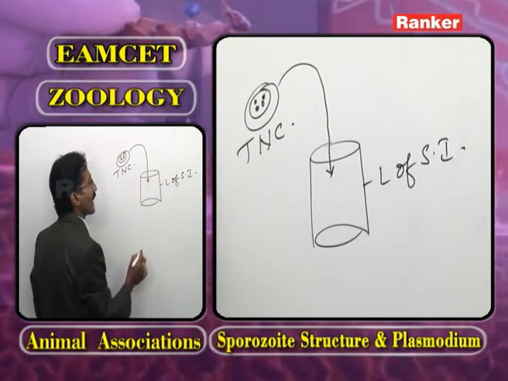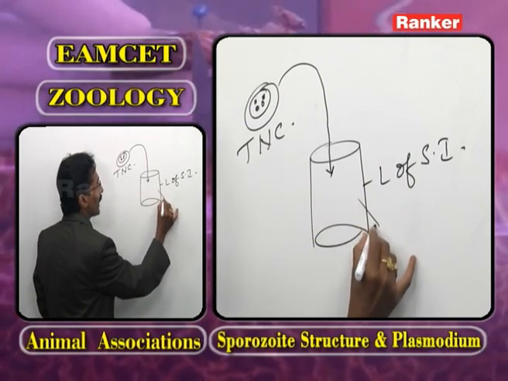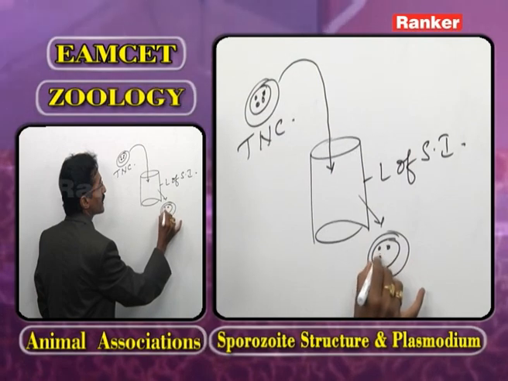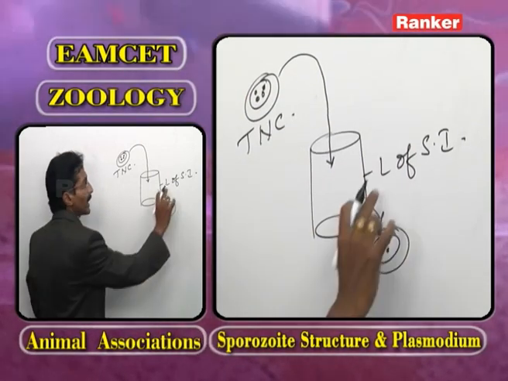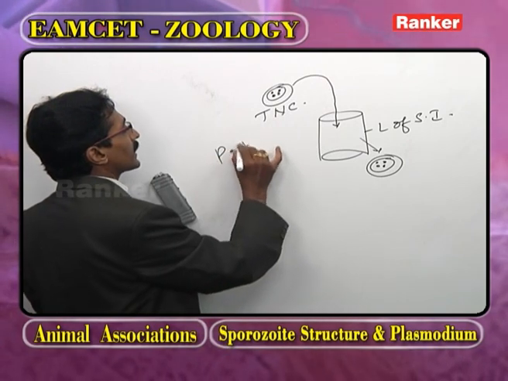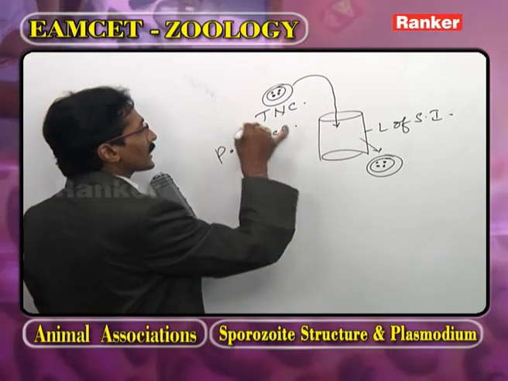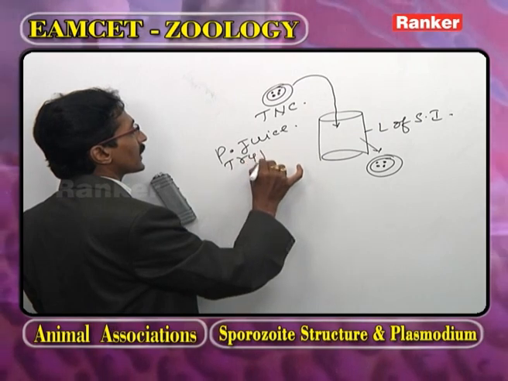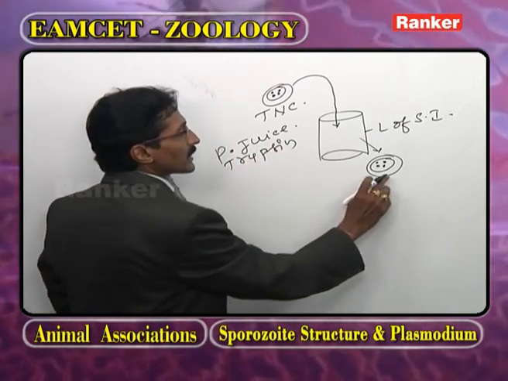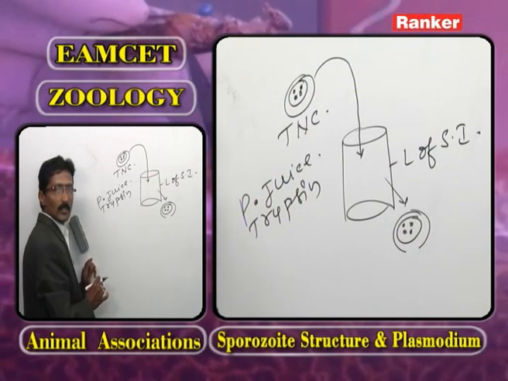Now, in the cavity of small intestine, as we observe, this is a tetranucleated cyst. In the cavity of small intestine, what is present? The pancreatic juice. In the pancreatic juice, what is present? The trypsin. Now, the trypsin dissolves the cyst wall.